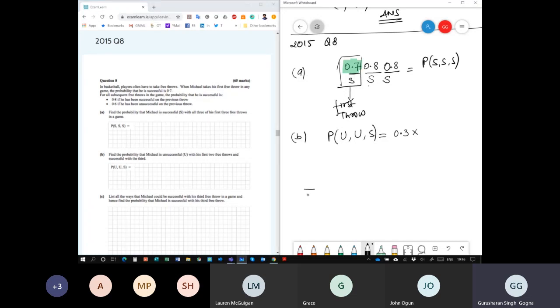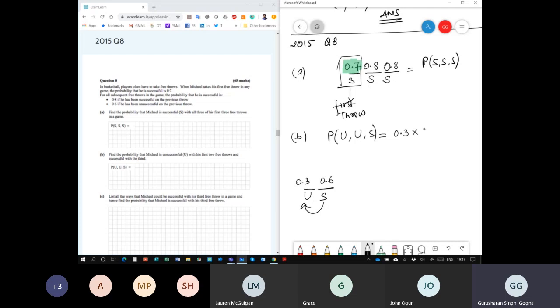So let's say it's U and now S. The first one was, let's say, 0.3, and then they are saying the probability of success is 0.6 if the previous one is an unsuccessful throw. Okay, then you have to use 0.6. But in your question, it's not success now, second time, it's unsuccessful.